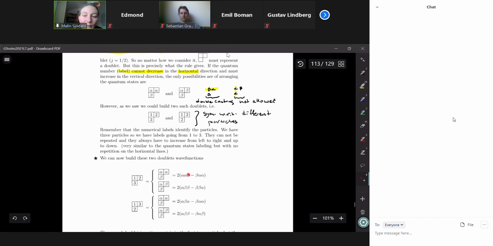Then we add a beta here, but then we should antisymmetrize in this beta and in this first alpha here. So I have another state where this state and this state have swapped place. Here I started with having my states 1 and 2 horizontally.